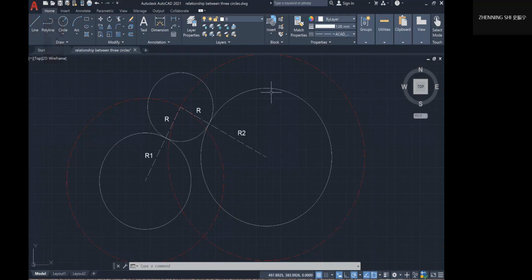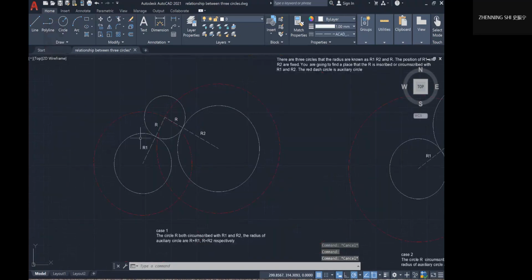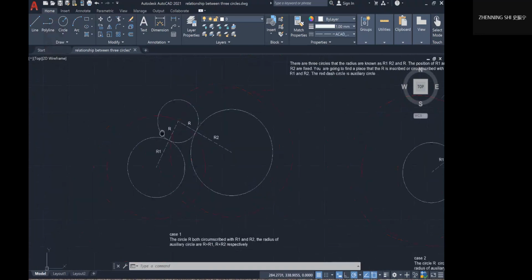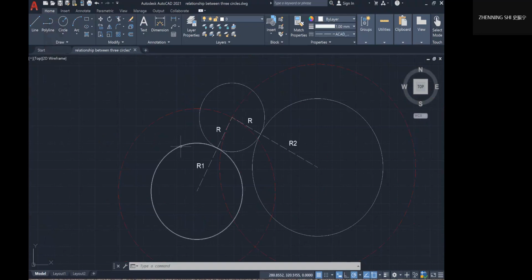R1 and R2 are given, so they are fixed. I said this example is to show you that when we have R1 and R2 and we want to find the position for R that is circumscribed with both R1 and R2. R2 is given.